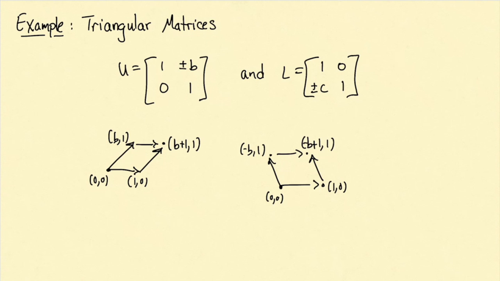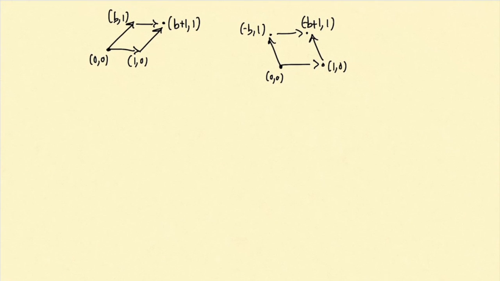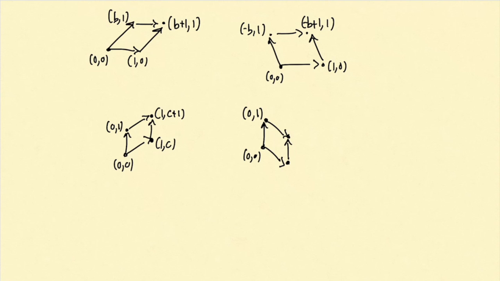For the upper triangular matrix, we'll get 2 potential cases: the one where B is a positive number and the one where B is a negative number. For the lower triangular matrices, we also only get 2 pictures: the one on the left where C is a positive number and the one where C is a negative number.